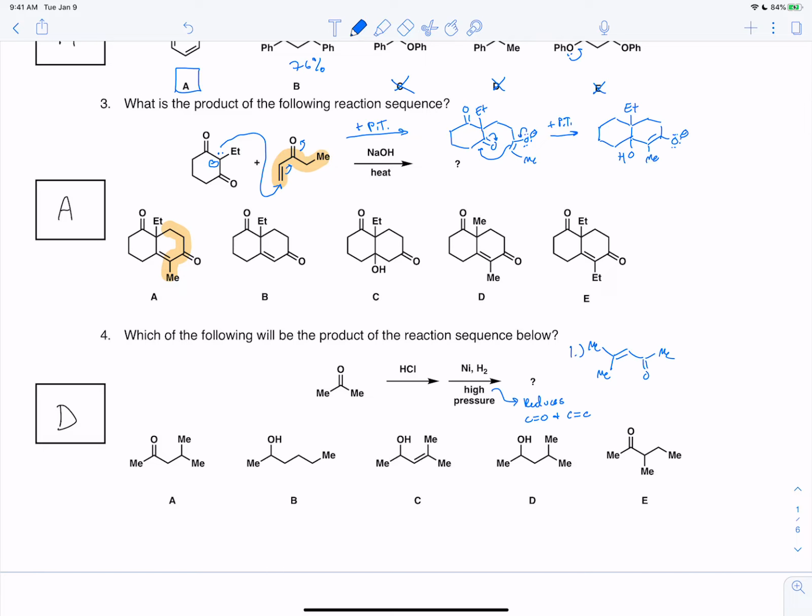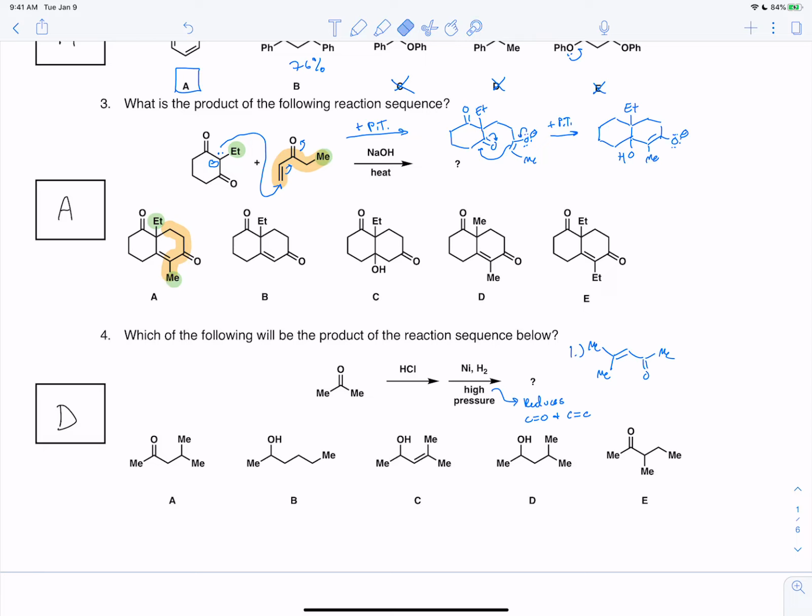Number 3 is the Robinson annulation. We just changed things up a little bit because we added in an extra methyl to methyl vinyl ketone, and we have an ethyl instead of a methyl on this central carbon between the 1,3 dicarbonyl. So this will go through your normal Robinson annulation mechanism, where first we deprotonate, the soft enolate does a Michael addition into the ethyl vinyl ketone.